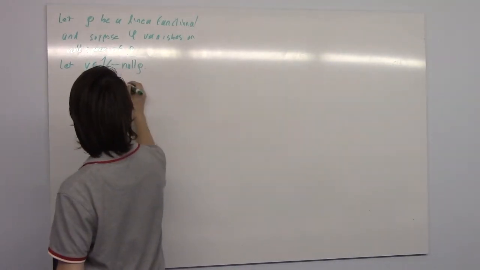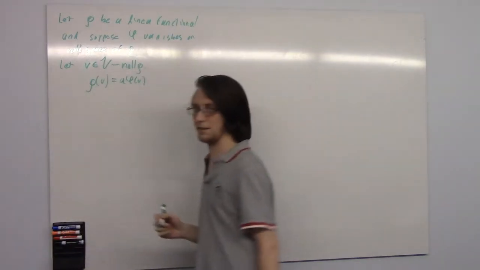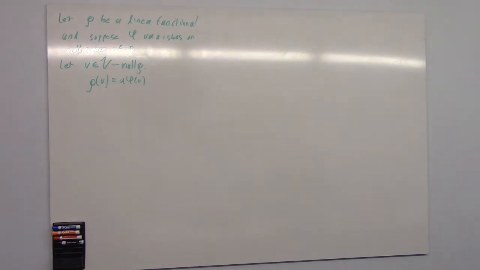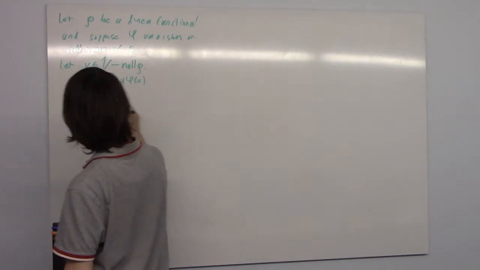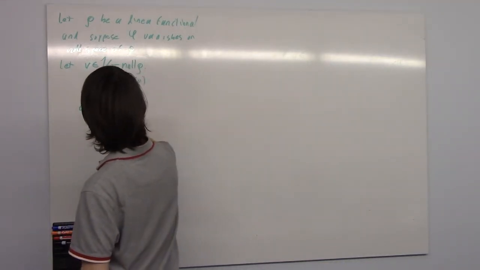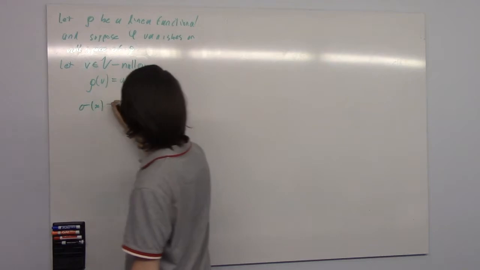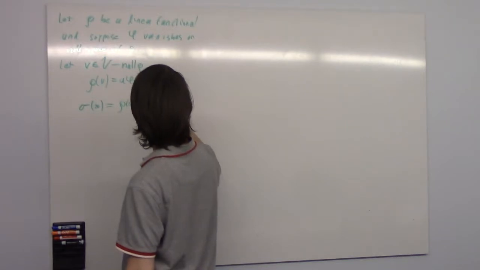This is going to equal some scalar times phi of V. And we are going to look at the linear functional sigma, which is going to be rho minus a phi of V.